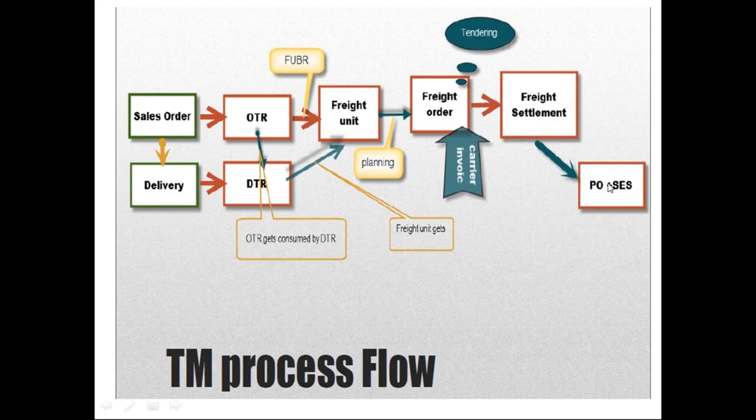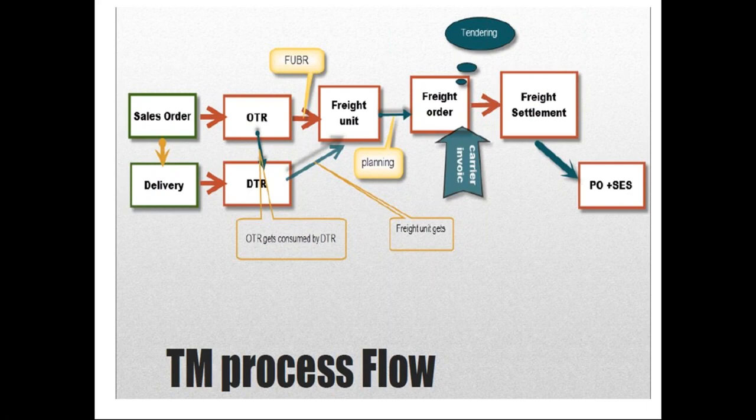The settlement document is nothing but an invoice we are going to create. So this is your normal TM flow, a high level TM flow. We are going to see all these flows, but now our main focus is on the master data.